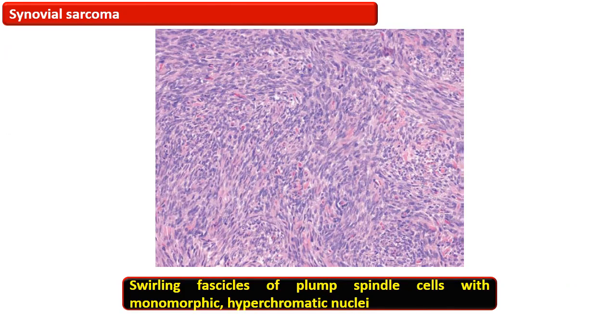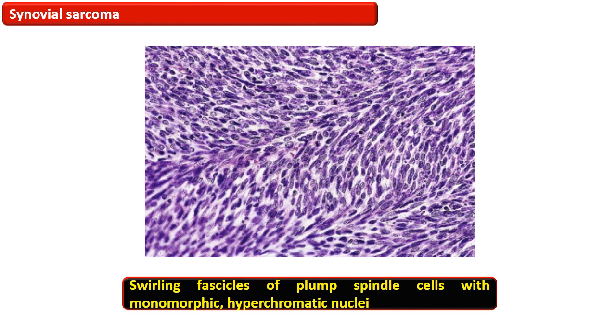This photomicrograph shows the school of fish appearance of the monophasic pattern of the synovial sarcoma. There are swirling fascicles of plump spindle-shaped cells with monomorphic hyperchromatic nuclei.